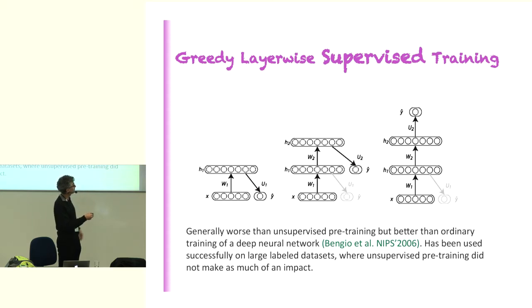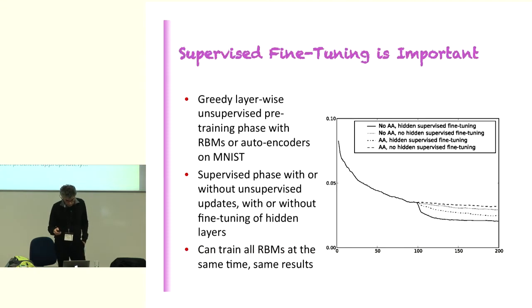So the idea is you first train a supervised network, but I've drawn it this way, where you predict the Y given those features. But then you throw away those U1s, and you just keep the first layer. You train another MLP on top. Then you throw away these weights, and you can do it again and again as many times as you want.